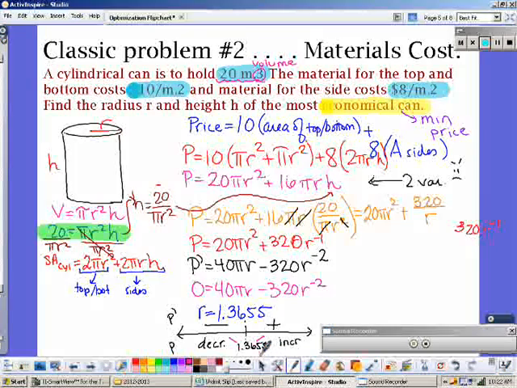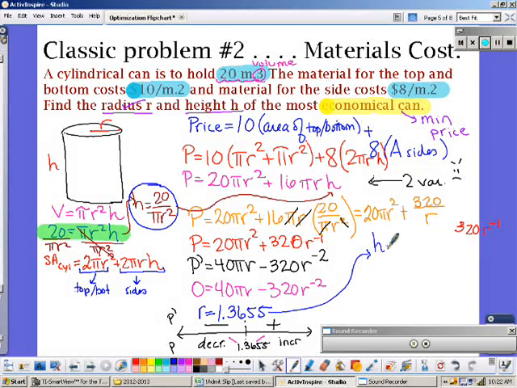Now let's go back to the problem in the beginning, and let's see what they actually asked us for. So in this problem, it says find the radius. Check, we've done that. Oh, and the height. So now that we've found the radius down here in blue, we need to find the height. So let's take this radius and let's substitute it into our height equation over here.